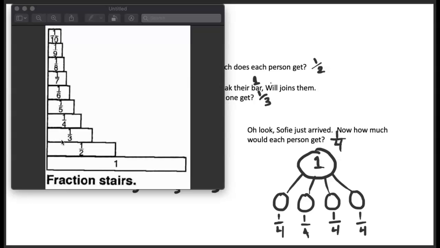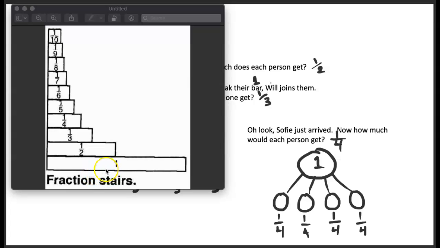Okay, so knowing our ordinal numbers, first, second, third, fourth, fifth, sixth, seventh, 8th, 9th, 10th, 11th, 12th, and you could keep going, right? But knowing our ordinal numbers will help us say our fractions, because we use the ordinal numbers to name our fractions.